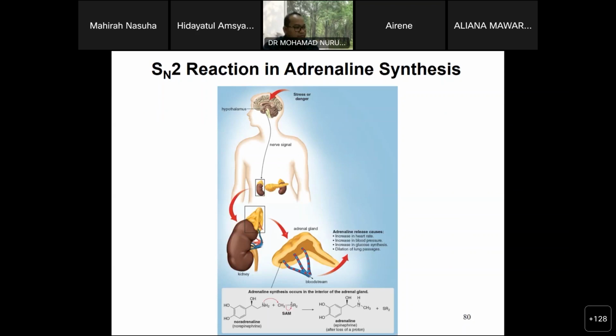Another example of an SN2 reaction is in the adrenaline system. Adrenaline synthesis occurs in the interior of the adrenal glands in our body. They will have noradrenaline, and after that it becomes adrenaline. Sometimes if you have stress, or you are in danger or frightened, adrenaline will come out from your body and give you different sensations.